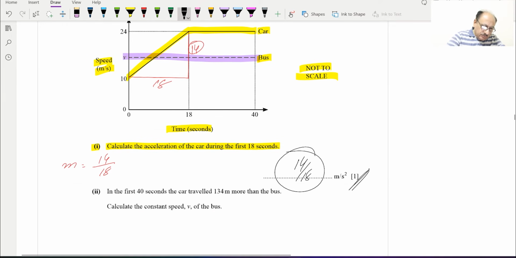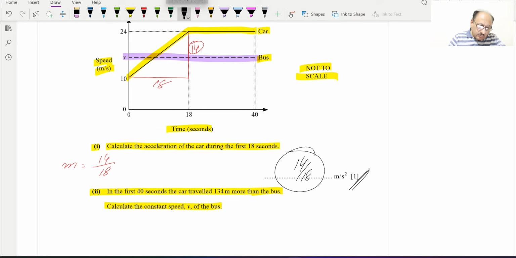And the next part is, in the first 40 seconds the car traveled 134 meter more than the bus. Calculate the constant speed v of the bus. So we will compare the area under the graph for the distance.